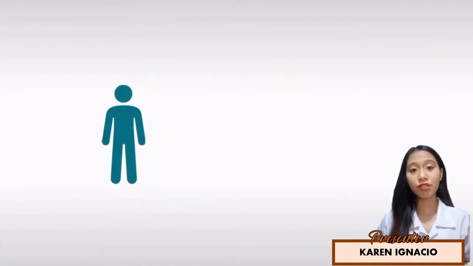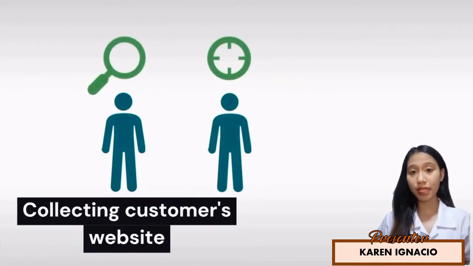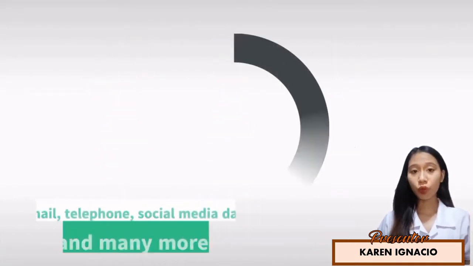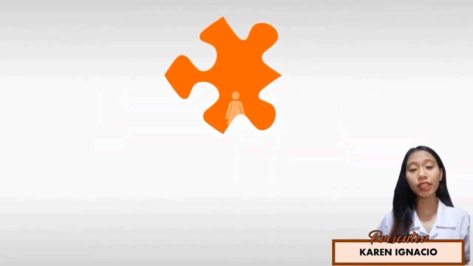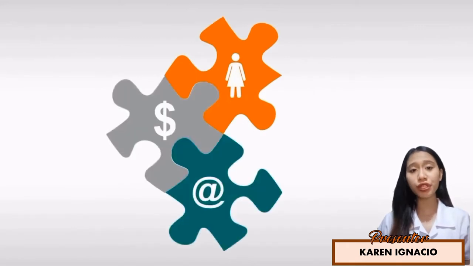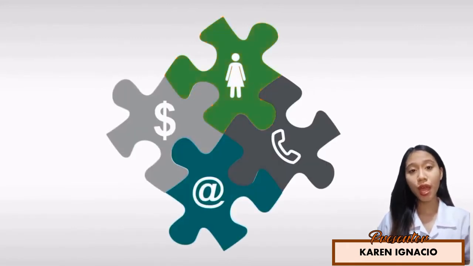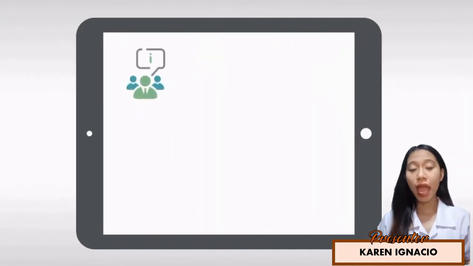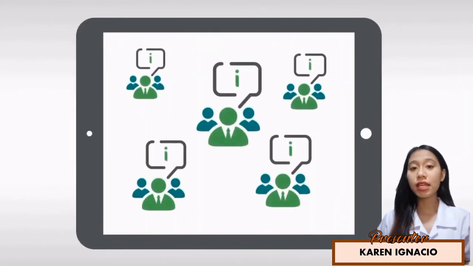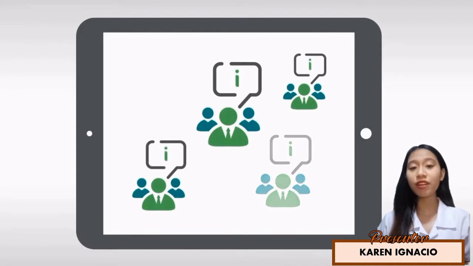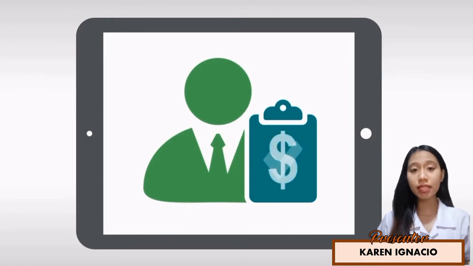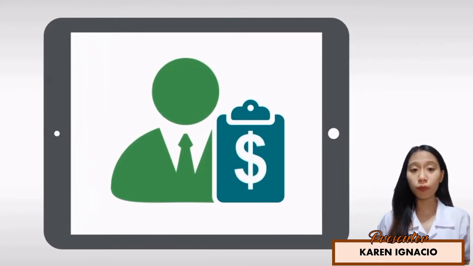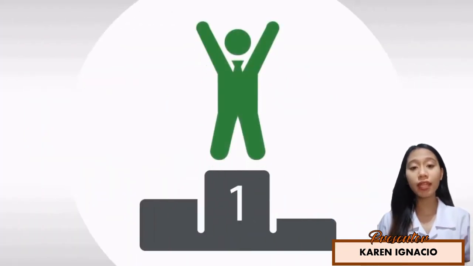CRM systems start by collecting a customer's website, email, telephone, social media data, and more across multiple sources and channels. It may also automatically pull in other information such as recent news about the company's activity, and it can store personal details such as a client's personal preferences and communications. The CRM tool organizes this information to give you a complete record of individuals and companies.